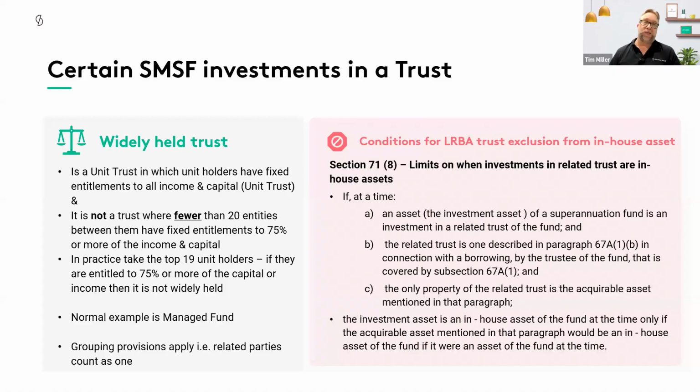So that widely held trust concept, again, is one of those weird, quirky little definitions where you can't get a small group of related people and tie them in with unrelated people and say, oh, I've got a widely held trust, because there are certain definitions to meet, and that is that it's not a trust where fewer than 20 entities between them have a fixed entitlement to 75% or more of the income and capital.